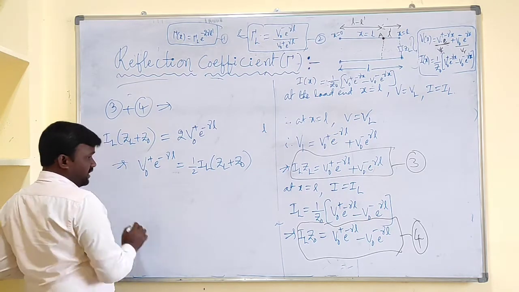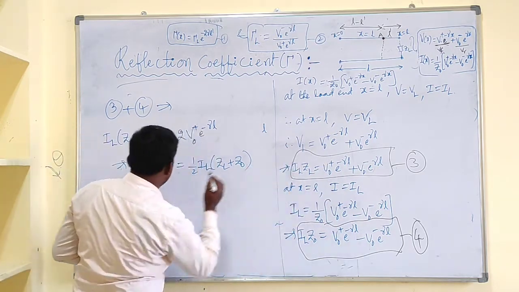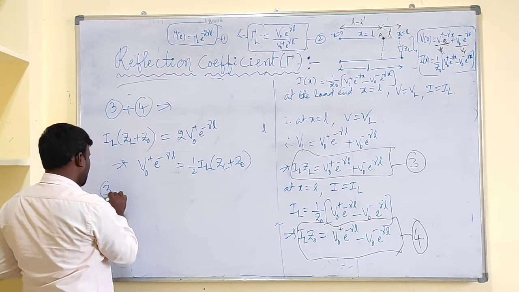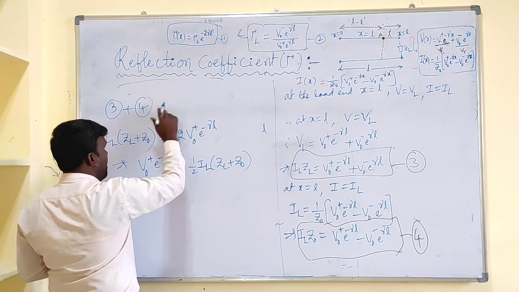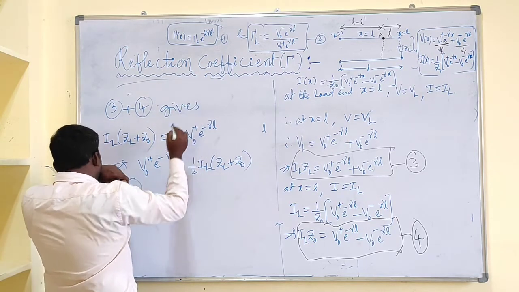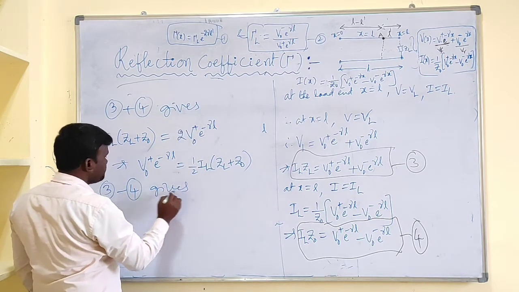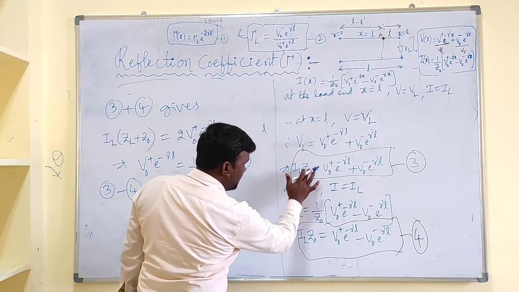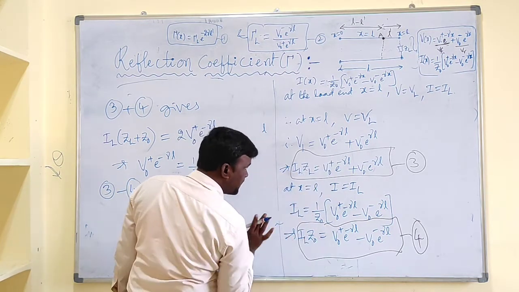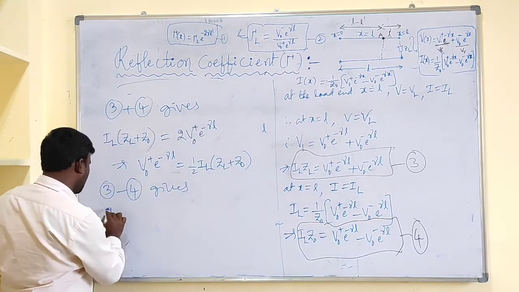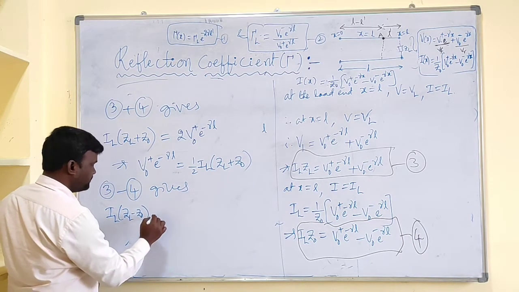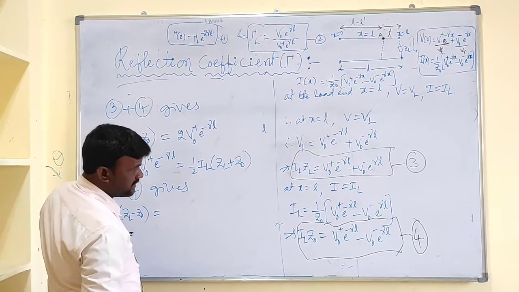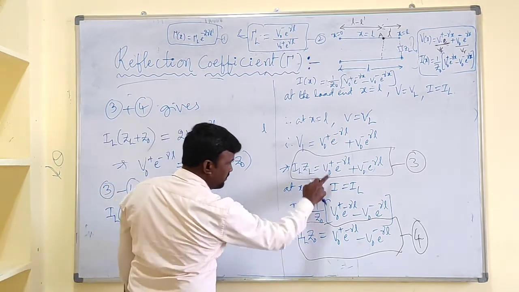Next, if equation 4 is subtracted from equation 3, that is equation 3 minus equation 4, on the left hand side we will get IL into ZL minus Z naught, equal to this one minus this one.